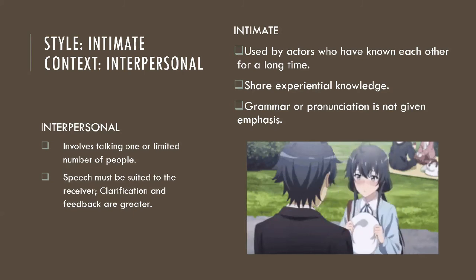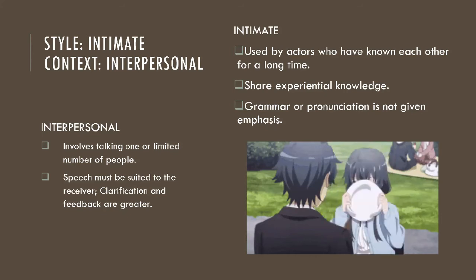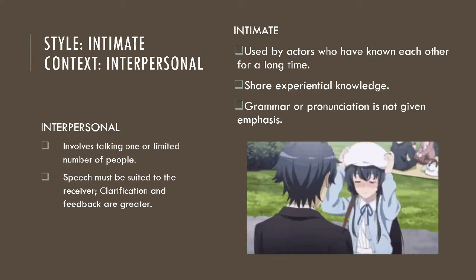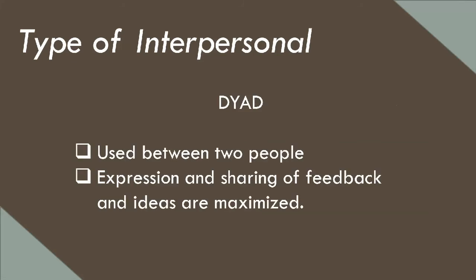Both understand each other because of their close ties and well-known verbal and non-verbal cues. This type of interpersonal context is known as dyad. It's used between two people. An expression and sharing of feedback and ideas are maximized.